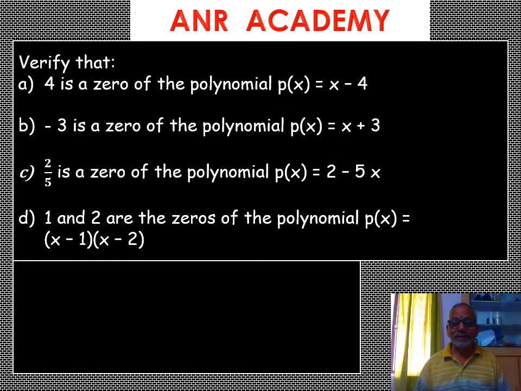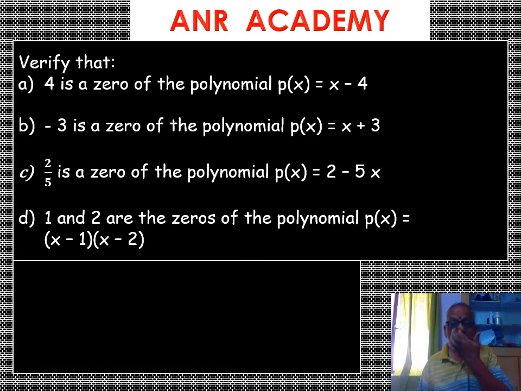Now the next question. Verify that 4 is a zero of the polynomial p of x is equal to x minus 4.